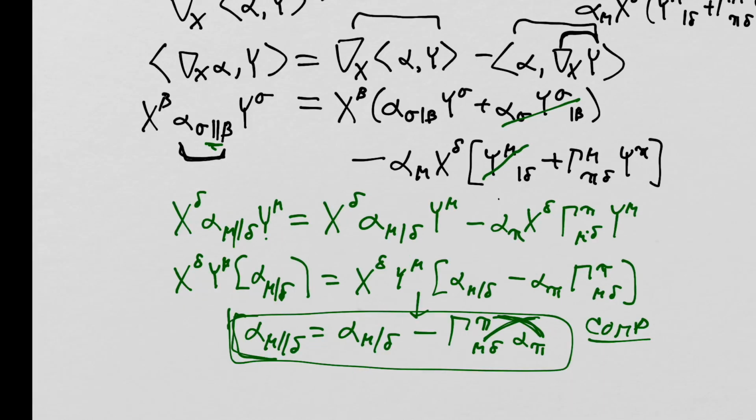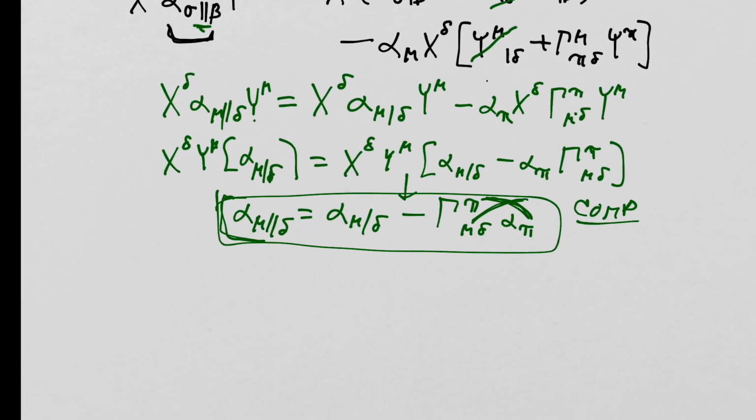All right, so now we understand the idea of the covariant derivative of a vector, the covariant derivative of a one form, which we would also write in the comp notation, mu, say, delta, and alpha mu delta.